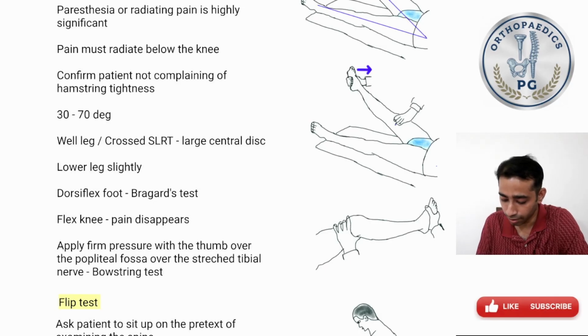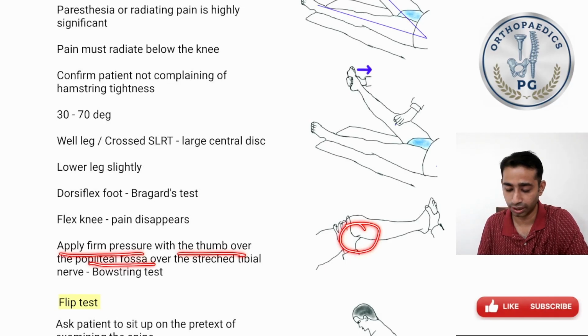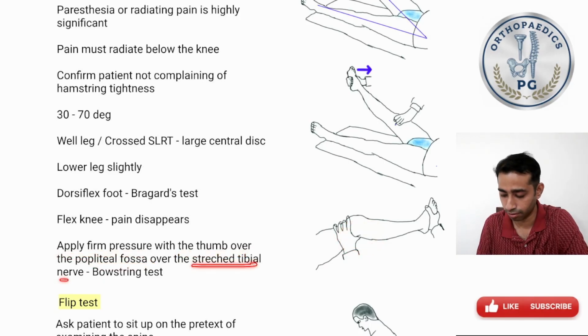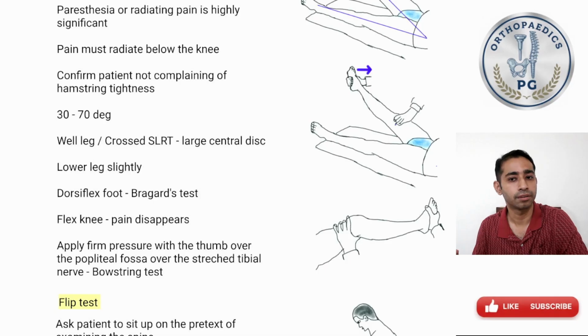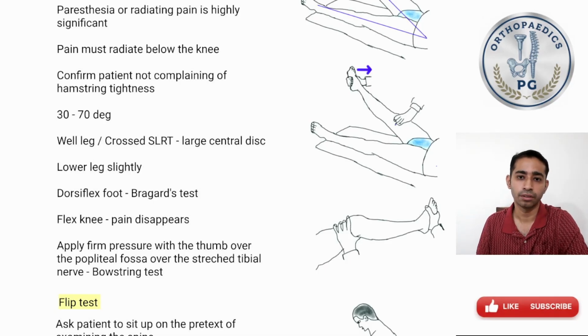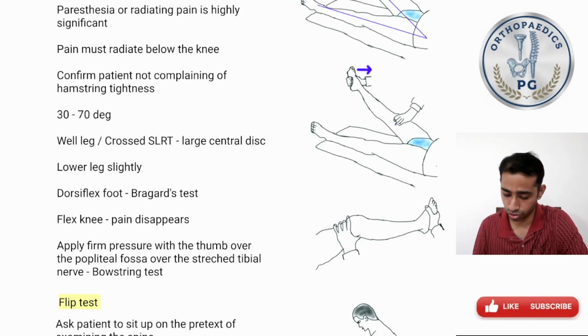Following this, you apply firm pressure with the thumb over the popliteal fossa, over the stretched tibial nerve, and this is known as the Bowstring test, and if the test is positive, this is known as Bowstring test positive. So if all these signs are present, it is much more sensitive of a prolapsed intervertebral disc or a sciatic nerve stretch.